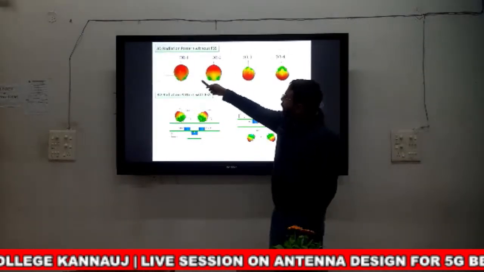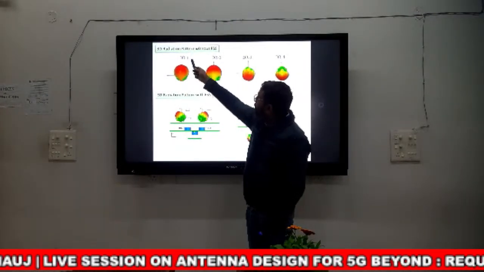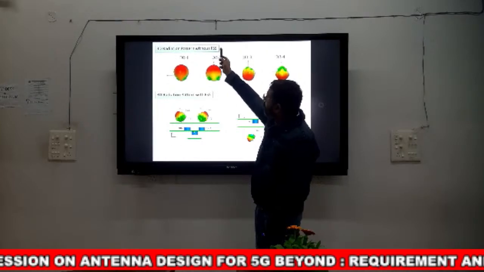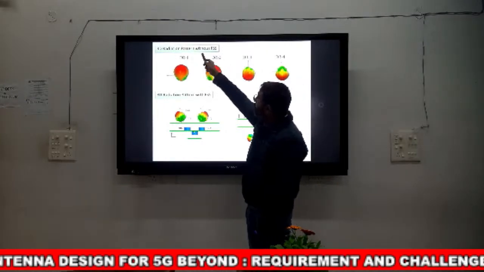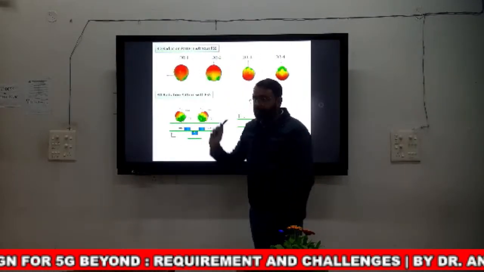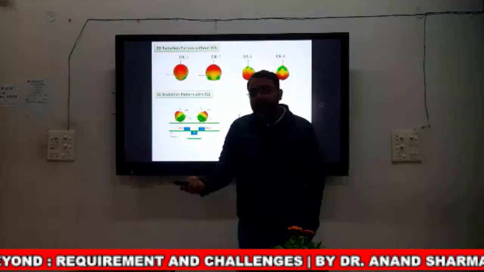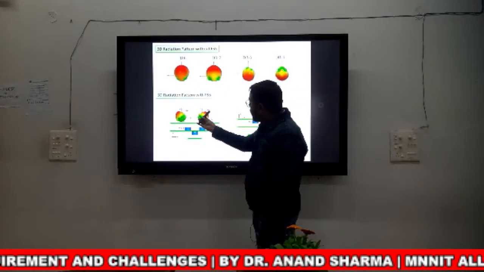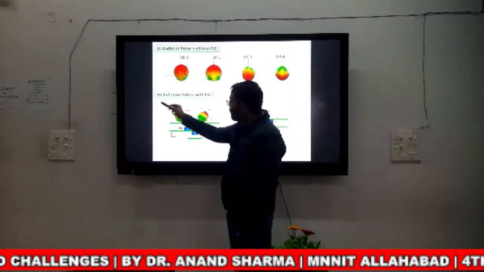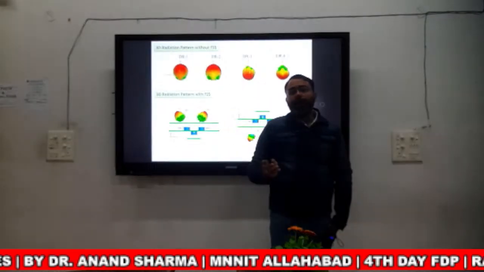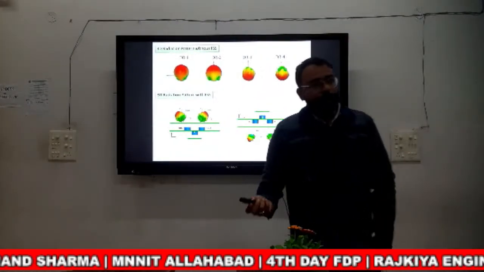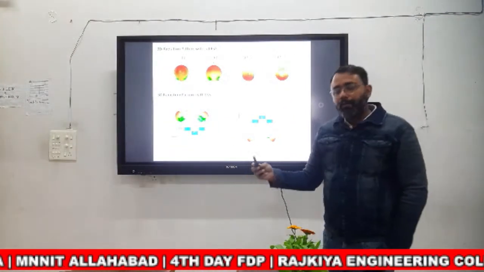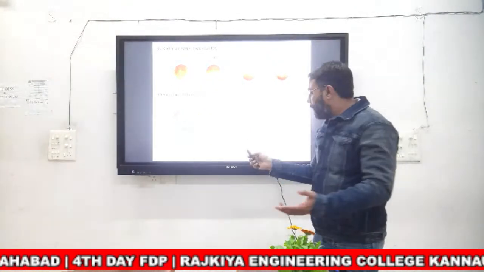Initially, both antennas are along the plus z direction when we are not using the FSS structure. When I put the FSS structure, one antenna radiates in this direction and the other in this direction, and we create isolation between the two antennas.